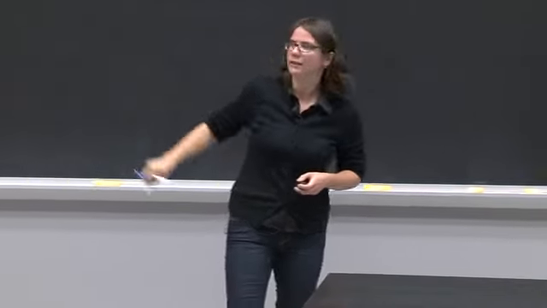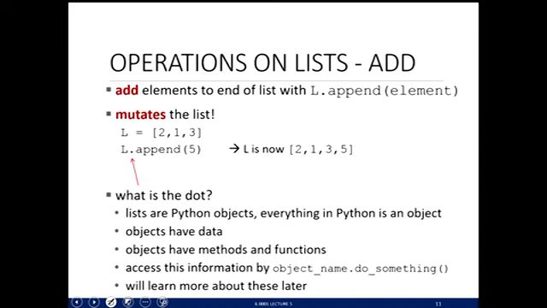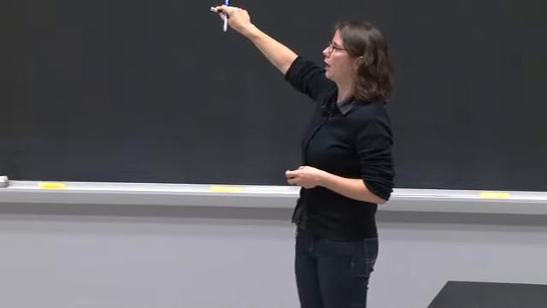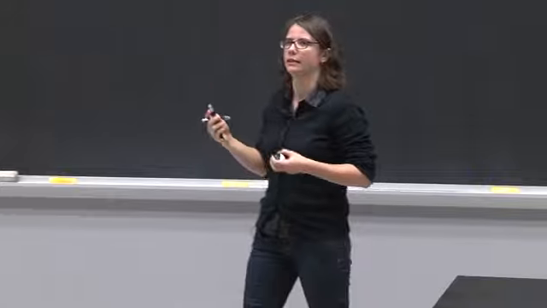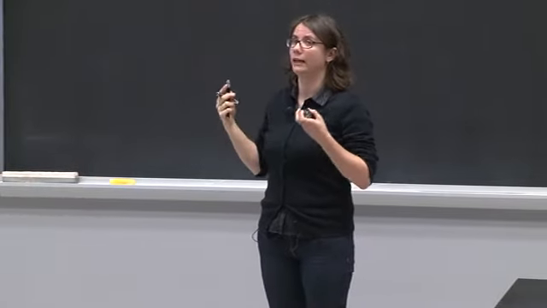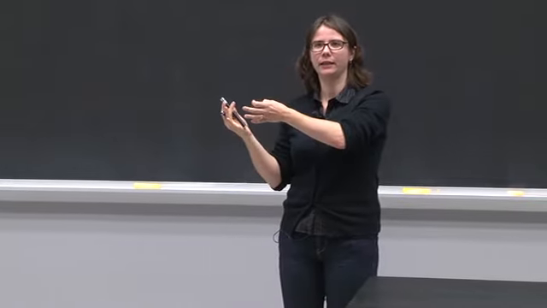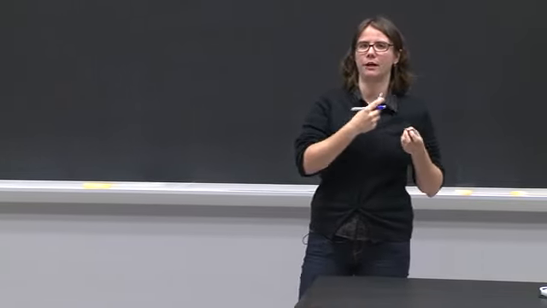But now what's this dot? We haven't really seen this before. It's going to become apparent what it means in a few lectures from now. But for the moment, you can think of this dot as an operation. It's like applying a function, except that the function that you're applying can only work on certain types of objects.